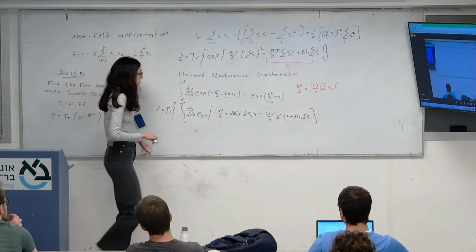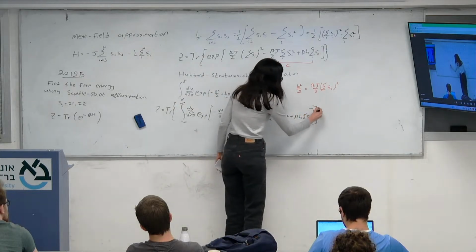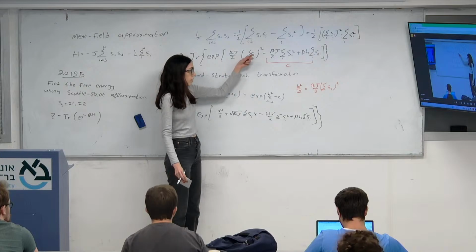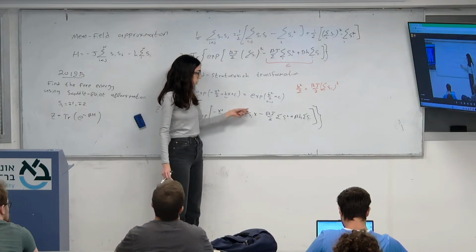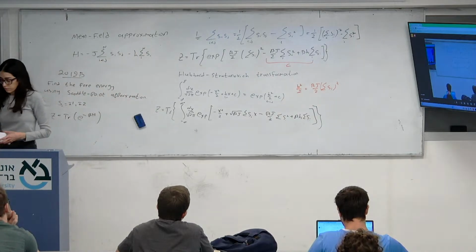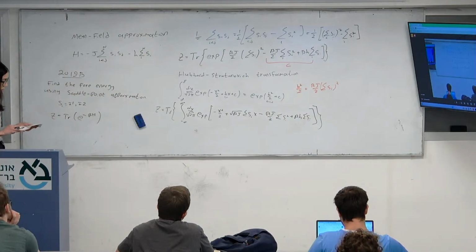So basically we started with something that goes like this parameter squared, and we are left with something that's linear in the same parameter.